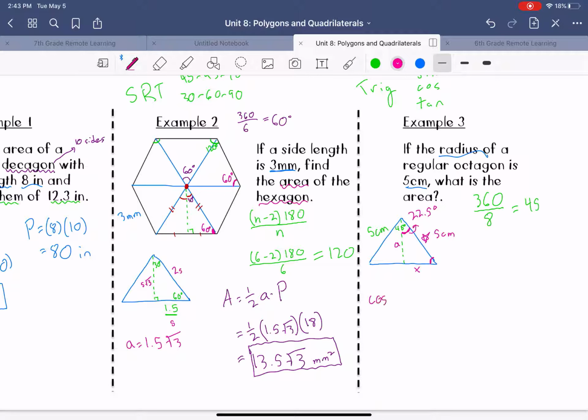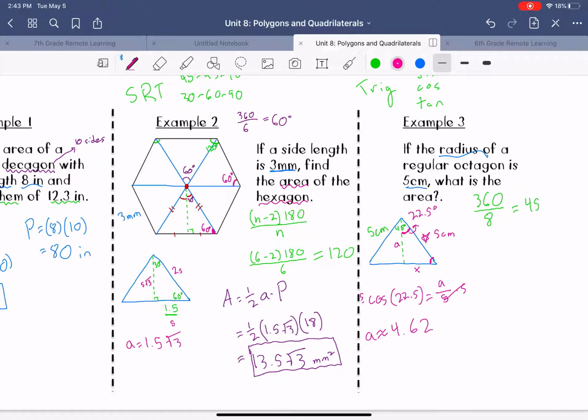So cosine of 22.5 equals the adjacent side, A, my apothem, over the hypotenuse, 5 centimeters. I'll multiply both sides by 5 to solve, and I'll find that A is approximately 5 cosine 22.5, which is 4.62.